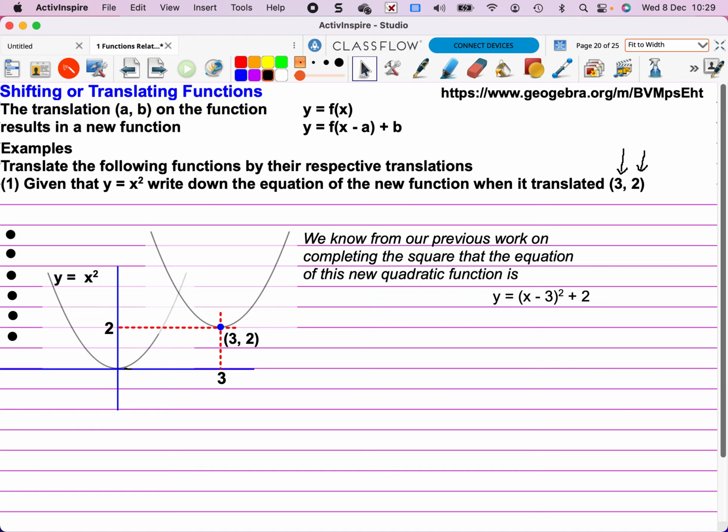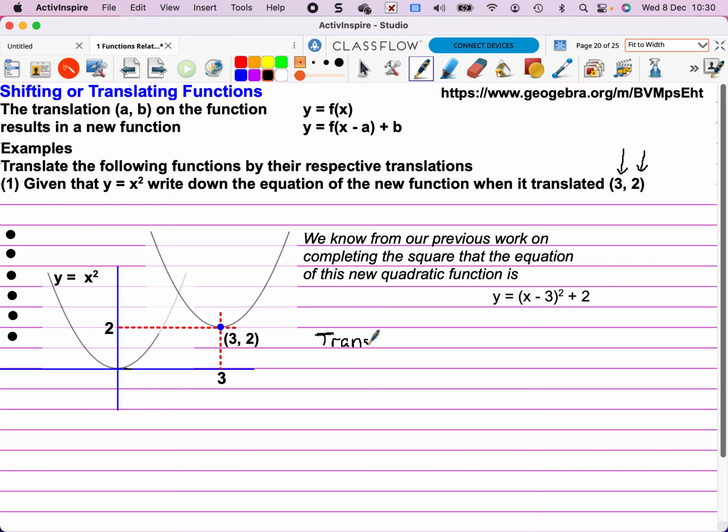But normally we work from the equation to the graph. What we're going to look at here is being able to derive this equation by purely looking at the information within the question. So we're going to go back to the very beginning and write down what the translation was.